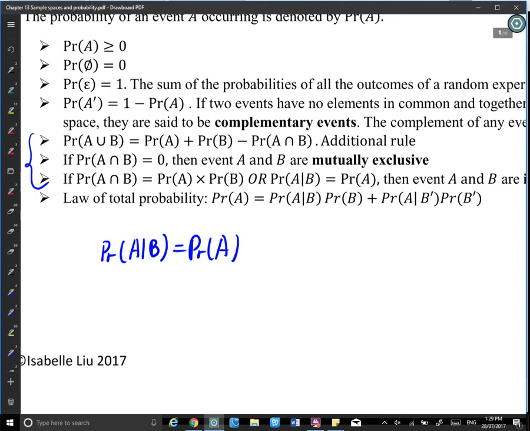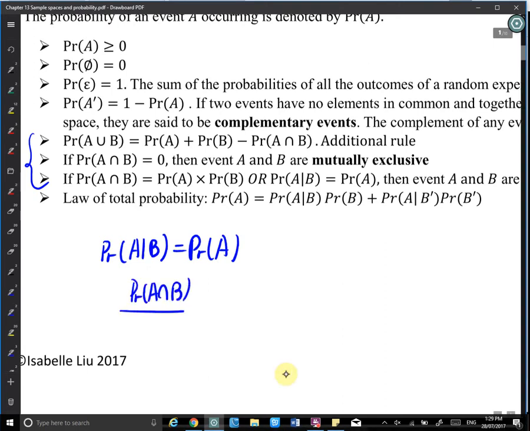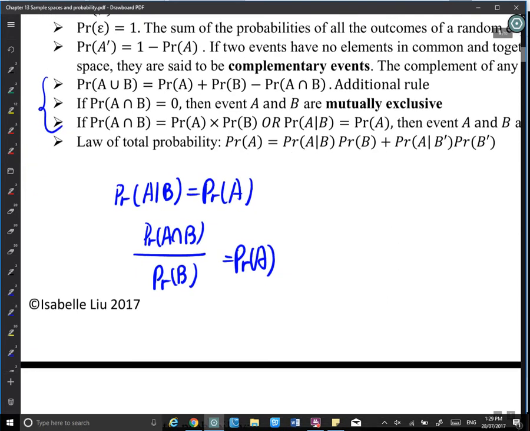And if we expand the formula, that's probability A intersects B divided by probability B equals probability A, and then we multiply on both sides. So probability A intersects B equals probability A times probability B. So that's how the first formula comes from.